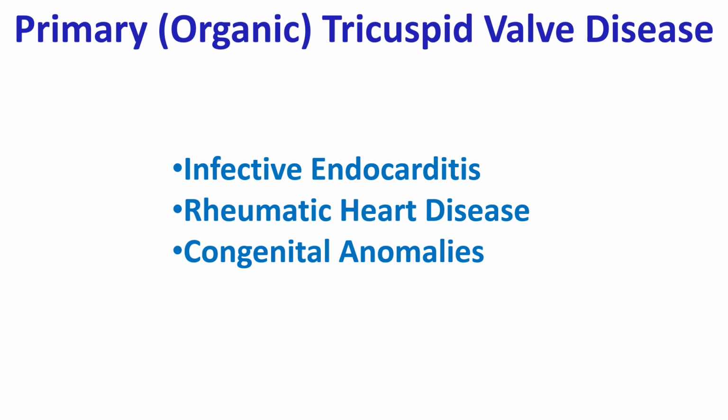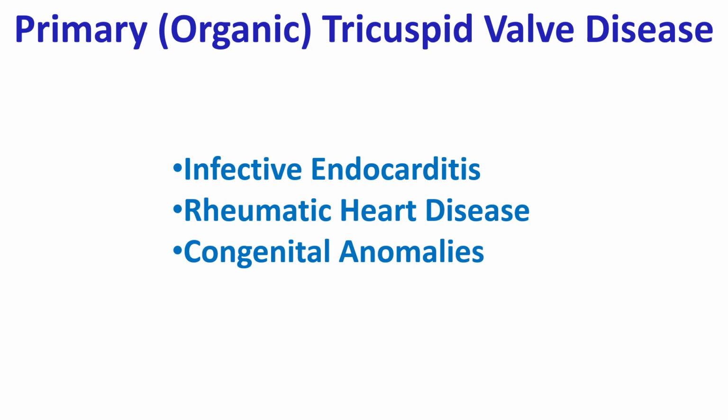Rheumatic heart disease. Though declining in Western nations, RHD remains a major global cause of organic tricuspid valve disease. It typically presents as a diffuse fibrous thickening, fusion of the commissures, and shortening of the chordae, often resulting in a mixed phenotype of tricuspid stenosis and regurgitation.